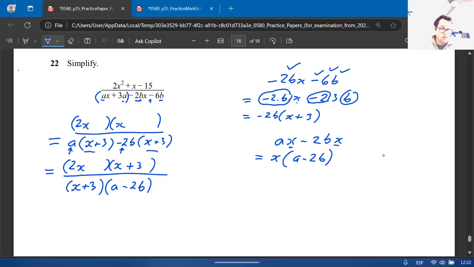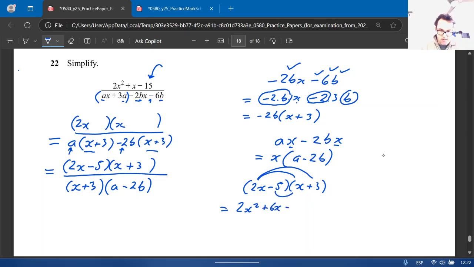Alright, so now I know the last term here, the minus 15, is gotten by multiplying the last two terms in the brackets. So this is plus 3, this must be minus 5, because minus 5 times 3 is minus 15. Okay, we can check if this is correct. So we get 2x minus 5, x plus 3. 2x times x is 2x squared. 2x times 3 is 6x.